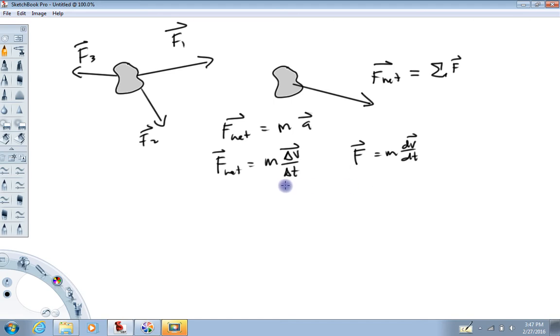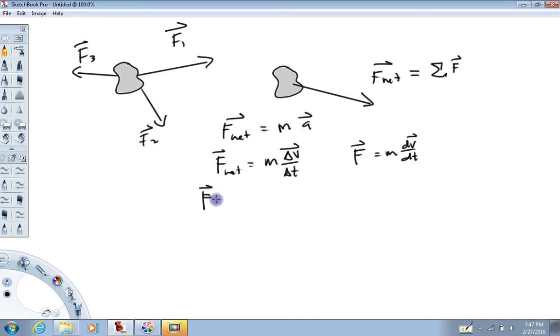And an important thing to realize is whichever equation you're thinking about, this delta t here can be separated from that delta v. We can multiply both sides. I'm going to go ahead and just work with this equation right here. So if I take this delta t and move it to the left, and I'm going to drop the net, and from here on out it's understood that when I write force here, it's the net force.